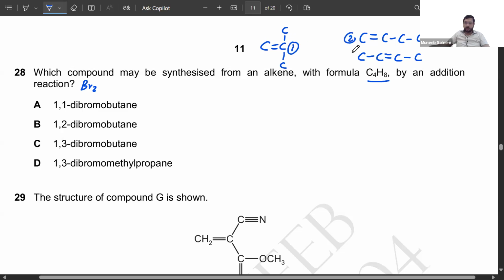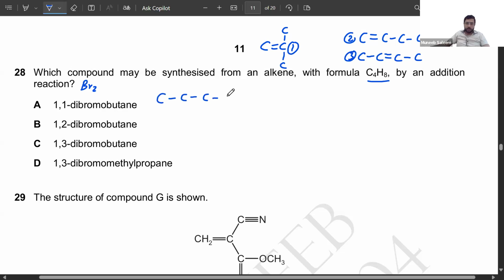1, 2, and 3. Okay, now we have to relate these structures with the A, B, C, D structures. So I'm going to draw simple versions of the structures to get an idea. Option A will be like this.